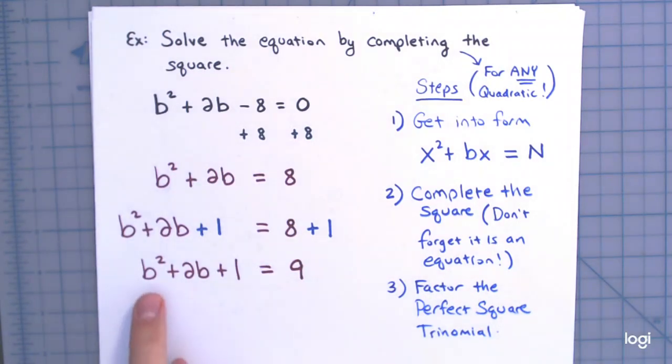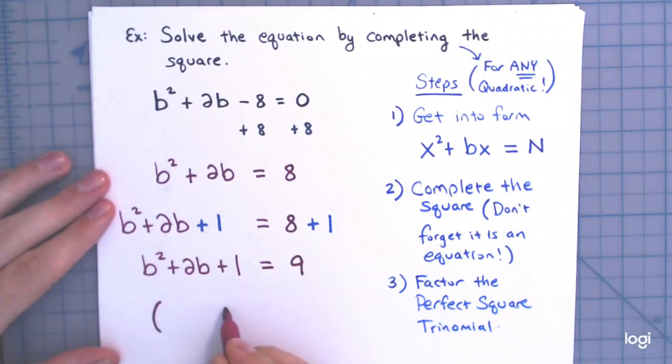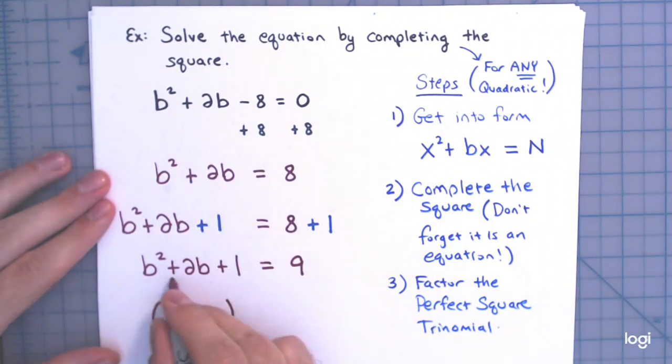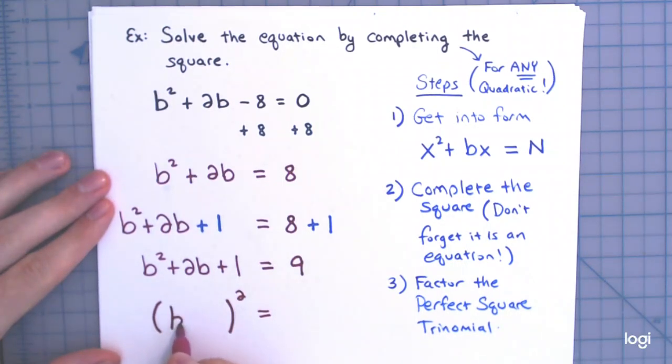So b squared plus 2b plus 1. Remember after completing the square, I have a perfect square trinomial. It's the same factor twice, or some expression to the second power. And in the base on that power of 2, you have your variable, which is b, plus whatever half of that number was that's multiplied by b to the first.